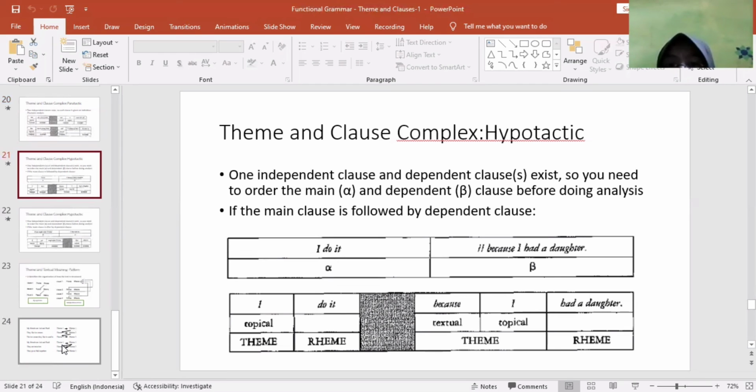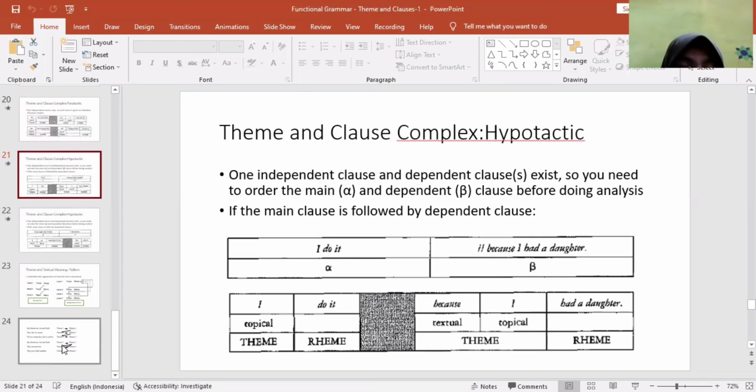Theme and clause complex: hypotactic, or hypotaxis. Hypotaxis refers to the arrangement of a sentence in which the main clause is built upon by a subordinate clause.